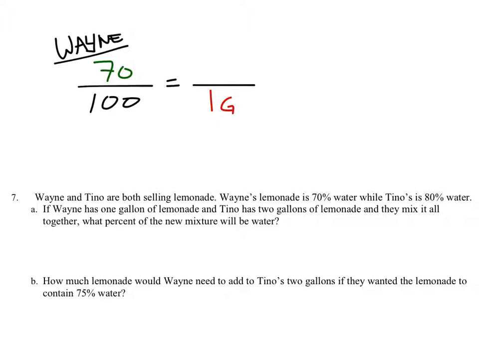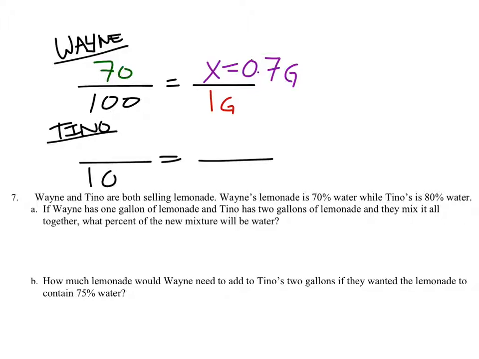When we solve this, we'll have however many gallons that is, which should be 0.7 gallons. Tino's will be set up the same way, but he has a different percentage, which is 80%, and that is for 2 gallons. So we've got to figure out how many gallons of Tino's mixture is water. That would be 1.6 gallons.